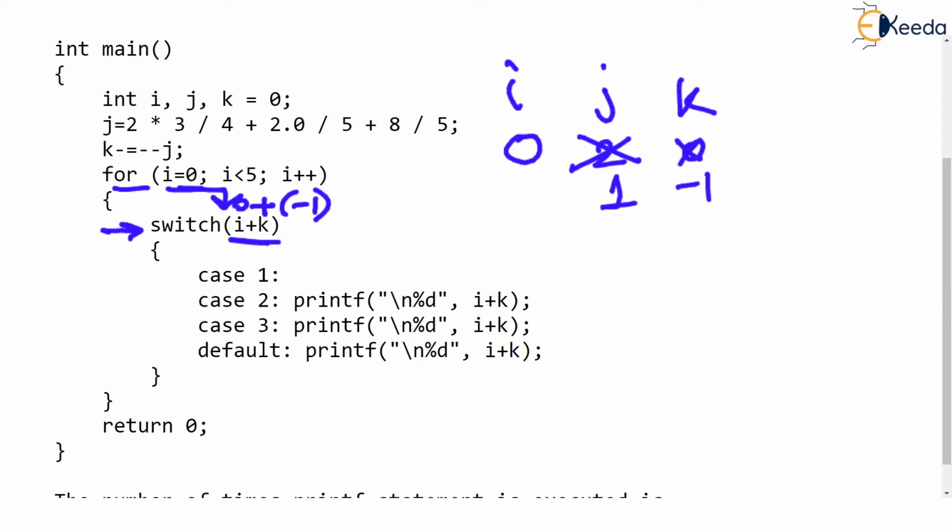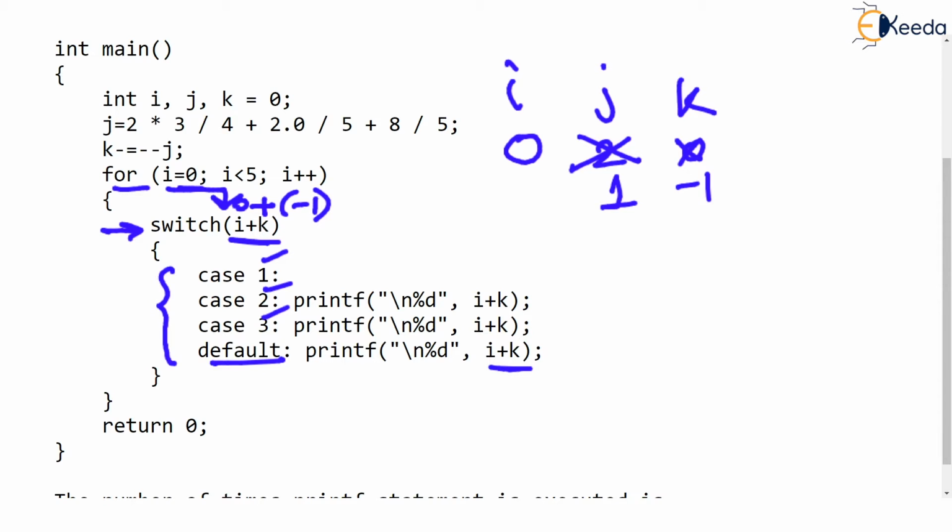So this is switch(-1). We are asking, is any case value over here -1? No, you clearly observe that we are checking case 1, case 2, case 3. There is no -1 involved over here. Then default will run, which prints I + K, isn't it?